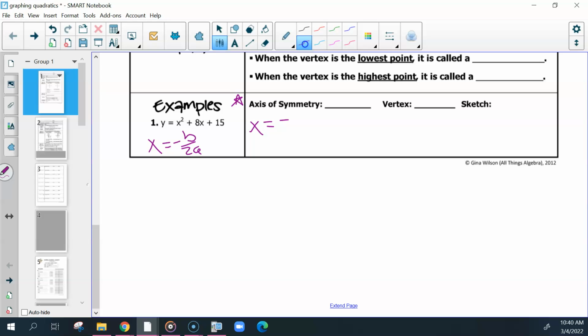But here we would put an 8 over the 2, and then our a value here is what? The number in front of x squared. 1. So we would then simplify this so that x equals negative 4, and that would be our axis of symmetry, x equals negative 4.